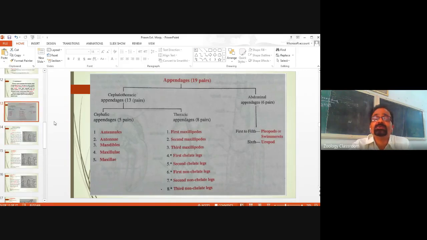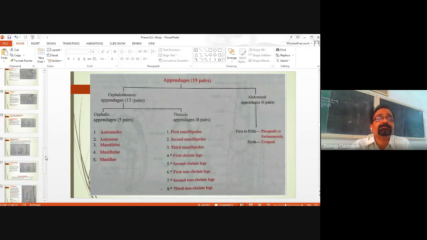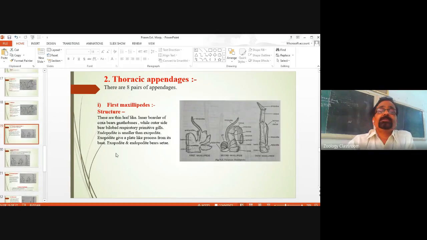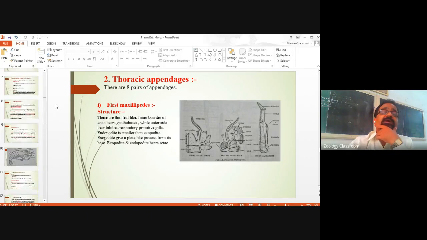Now let's come to the thoracic appendages. First, the maxillipede. How many appendages are there? Let me take you back again.